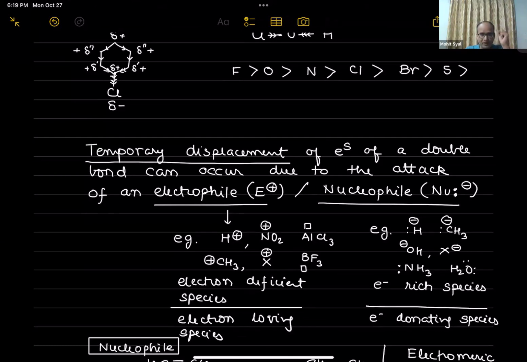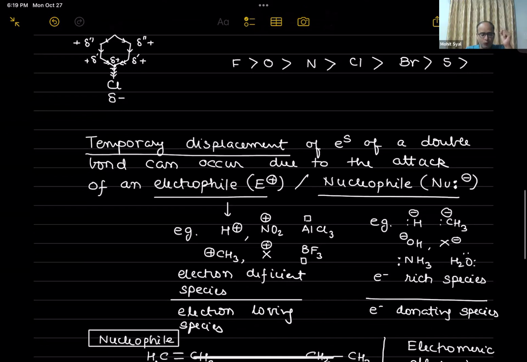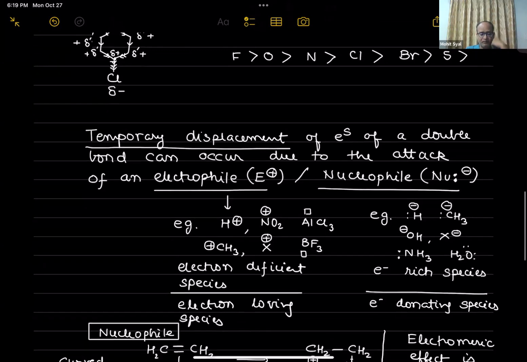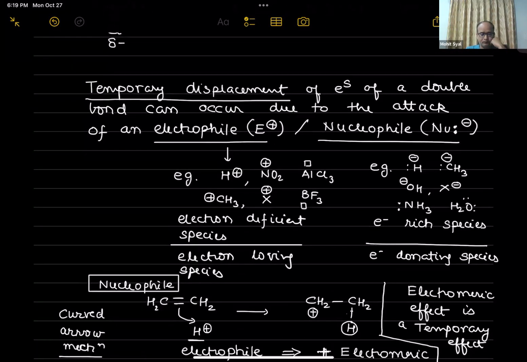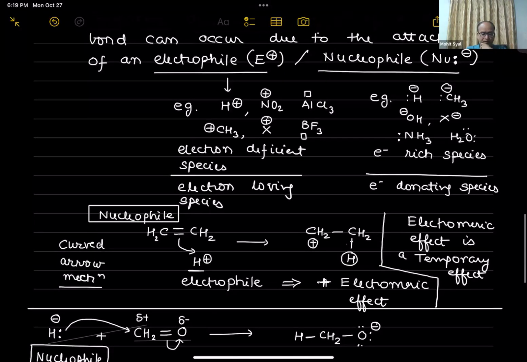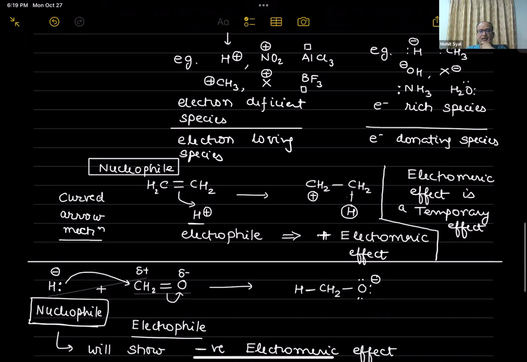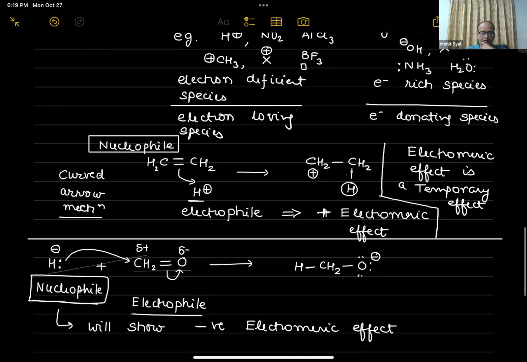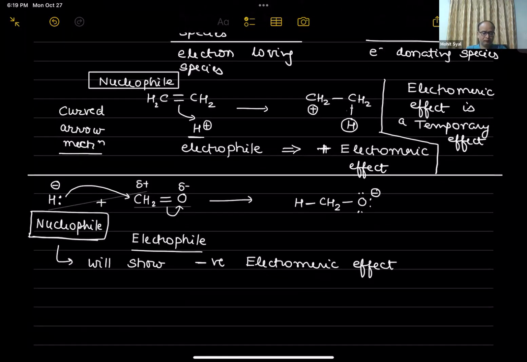Electrophile will pull the electrons of the double bond and will show positive electromeric effect, while nucleophiles will push the double bond electrons onto the other atom and will show negative electromeric effect. Got it? I hope this is clear to you.